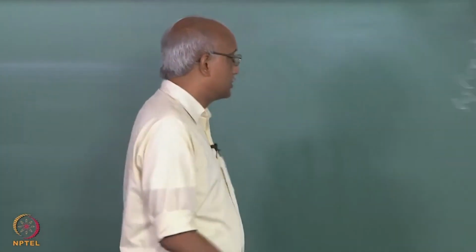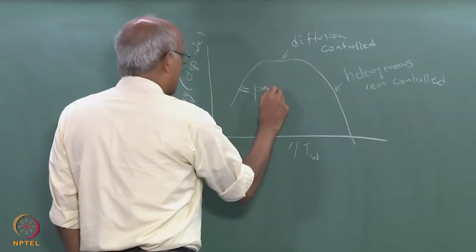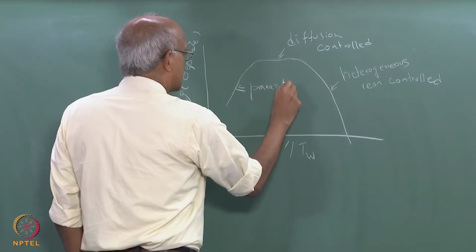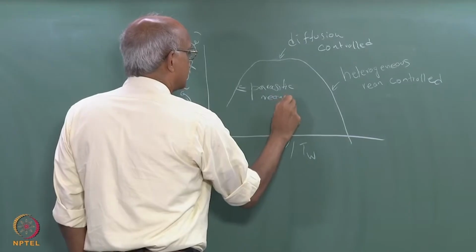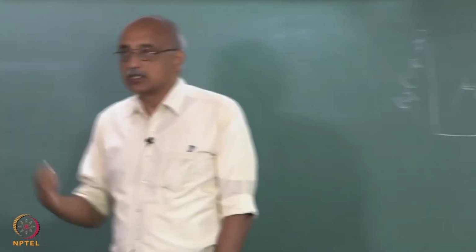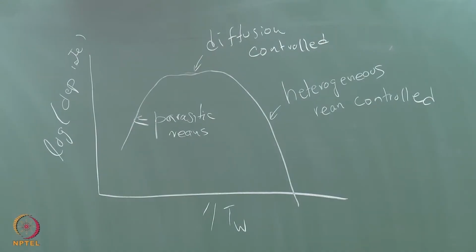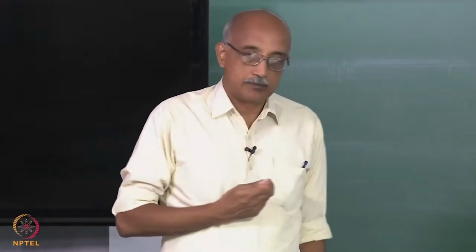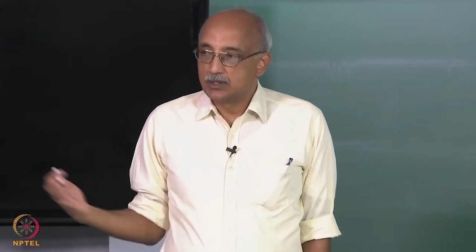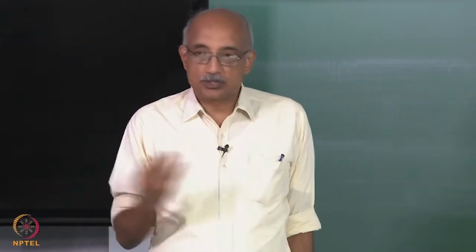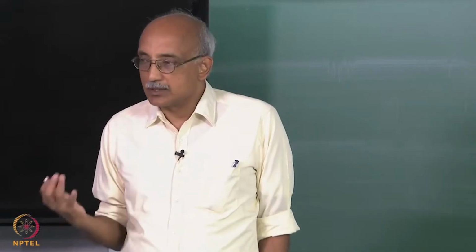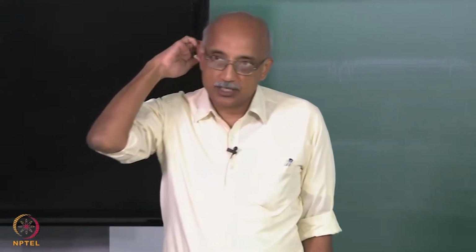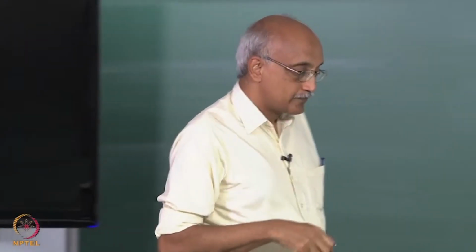So, in general parasitic reactions which essentially function as a sink for the material that is supposed to deposit as a CVD film. So, for example, if you are trying to make a SiO2 film, the silicon may actually get sucked into Si3N4 or something like that. So, that there is a net reduction in the amount of silicon that is available for deposition as SiO2.